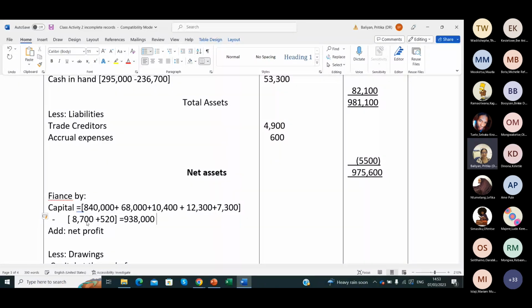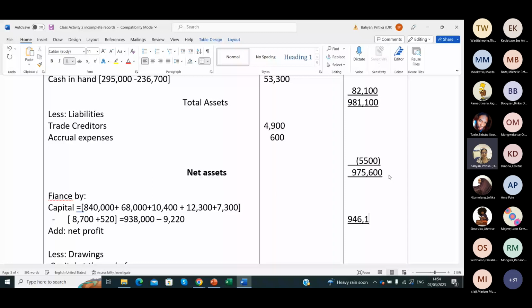Then minus 520. So which makes here 946,180, right?